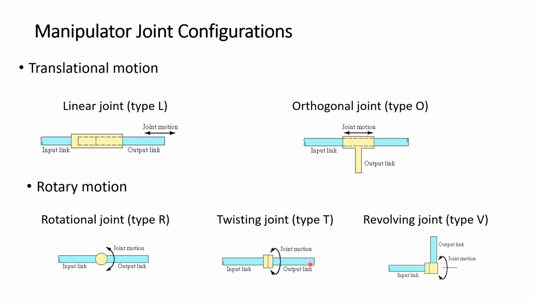Now this is in 2D, but you can imagine what a twisting joint, a rotational joint, and a revolving joint are. Rotational is rotating along its own axis, twisting is rotating like a twist, and revolving is rotating along some other axis. So these are the main joint configurations of the robot.